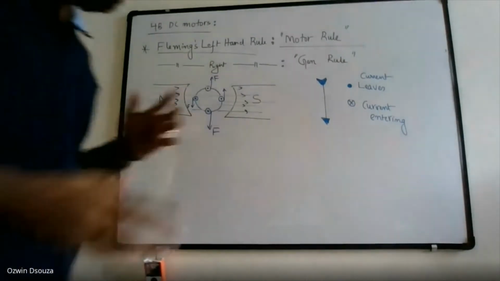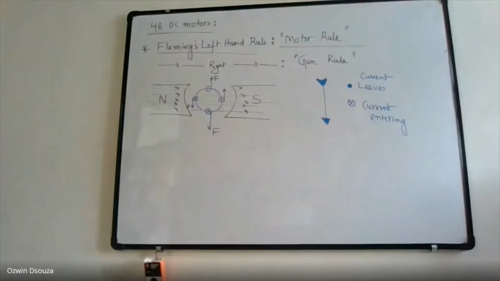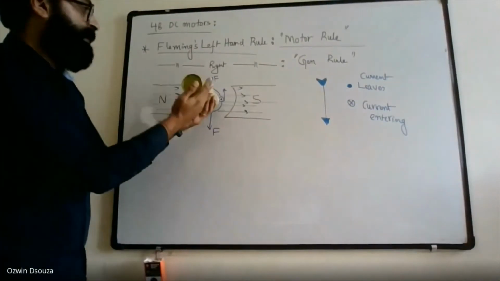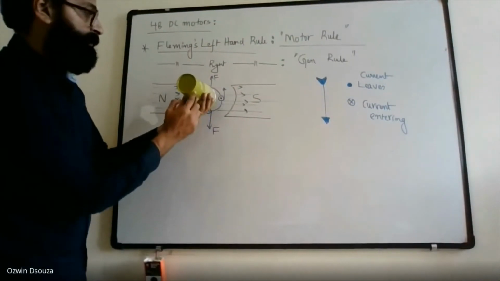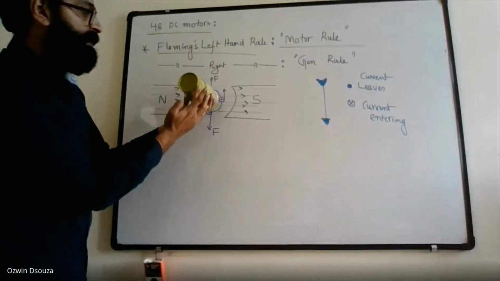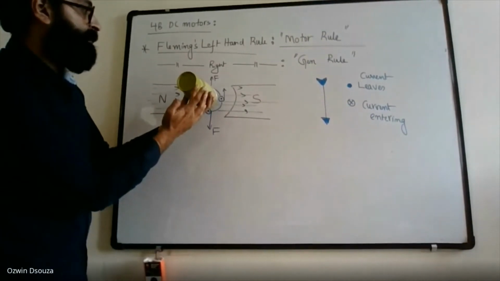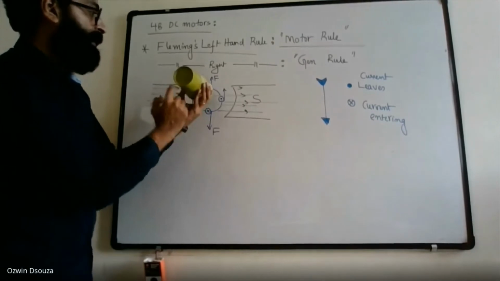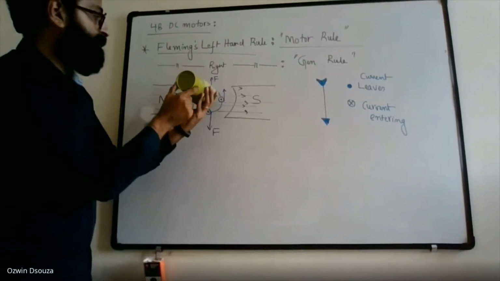And this can be nicely visualized by applying Fleming's left hand rule. Right, Fleming's left hand. Something like this. So this side is kind of going up, and this side is kind of getting pulled downward.